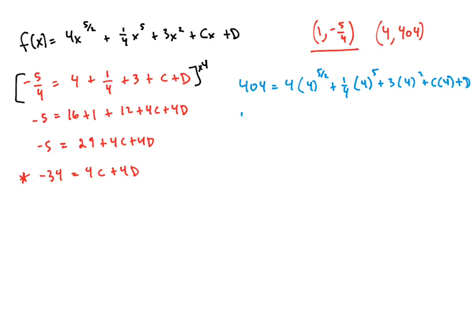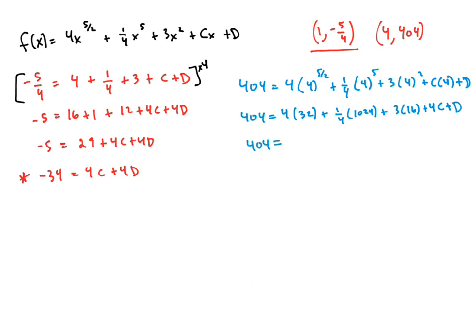So we have 404 is equal to, all right, 4 to the 5/2. So square root of 4 is 2. 2 to the 5th is 32. Plus 4 to the 5th is 1024. Plus 3 times 4 squared, 3 times 16. Plus 4c plus d.